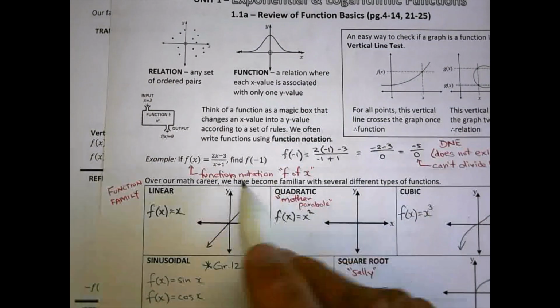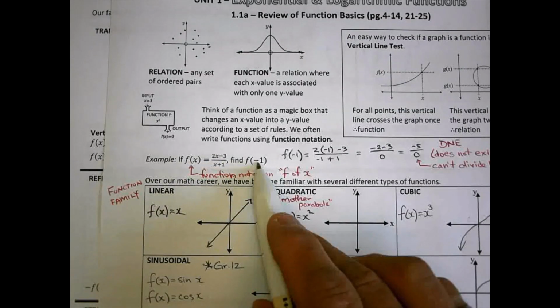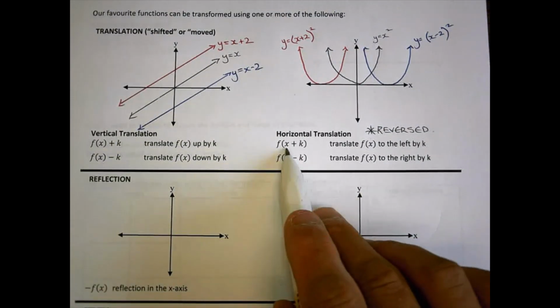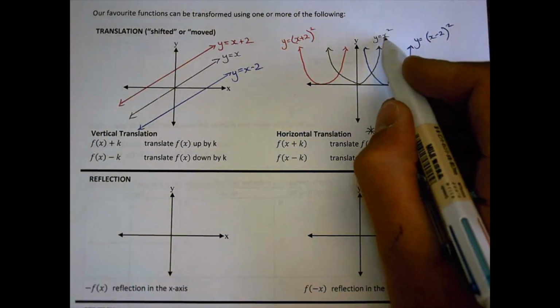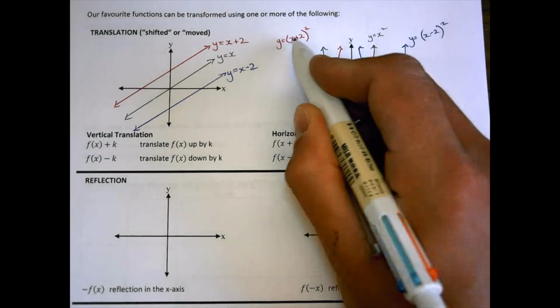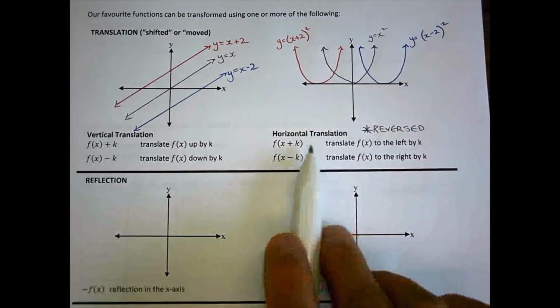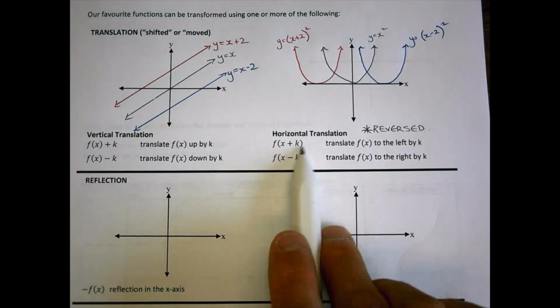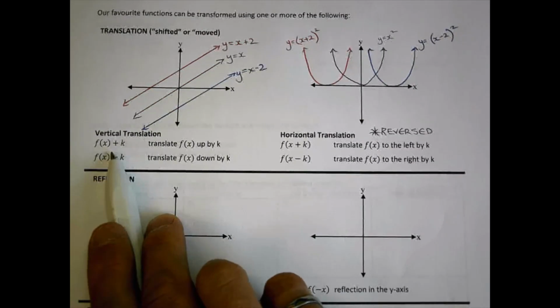Just like over here on our first page, I replaced all these x's with -1. Here I'm replacing all these x's, the x here, with x plus k. So I take out the x and I put x plus 2, and that's in brackets. All of that is squared. That's how we get a horizontal translation. We're doing the thing inside the bracket, I would say, in quotations. Whereas over here, I'm doing it outside the bracket.